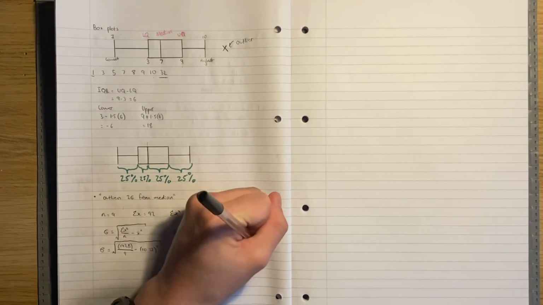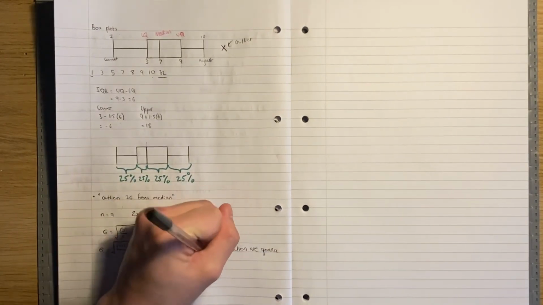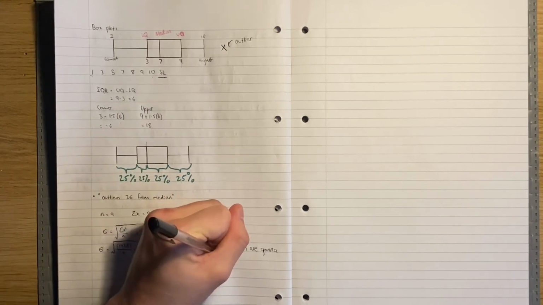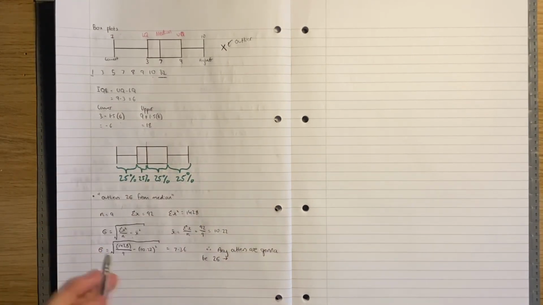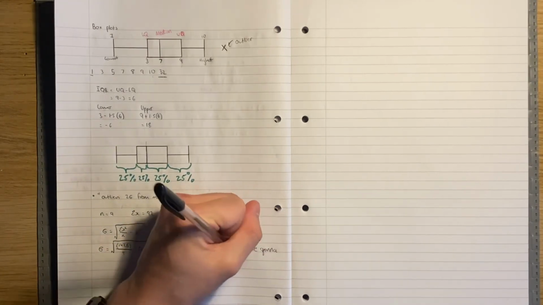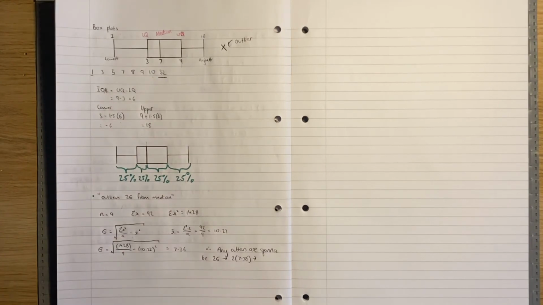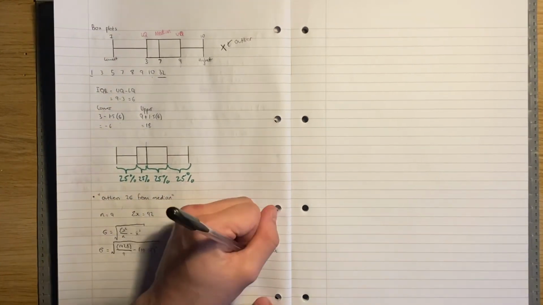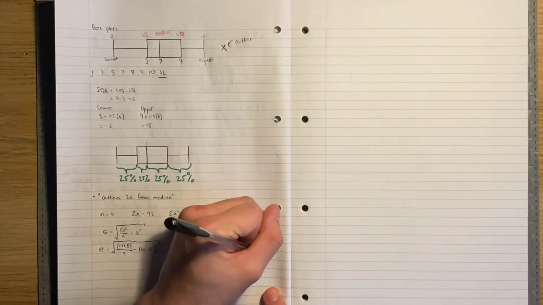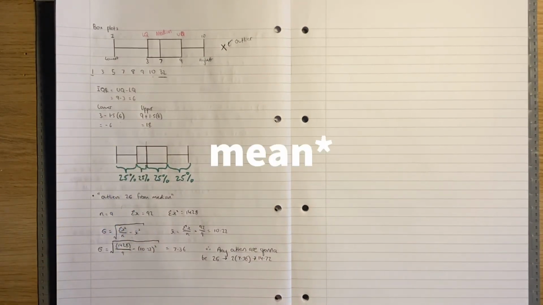So therefore, any outliers are going to be 2 sigma, and we know that 2 times sigma is 2 times 7.36, which is 14.72, added to the median or taken away from the median.